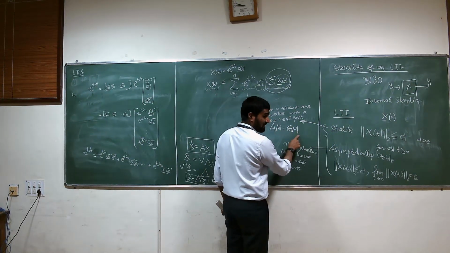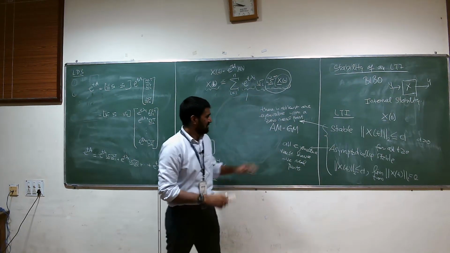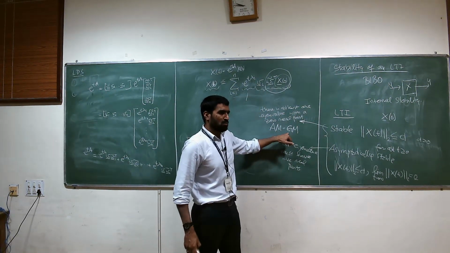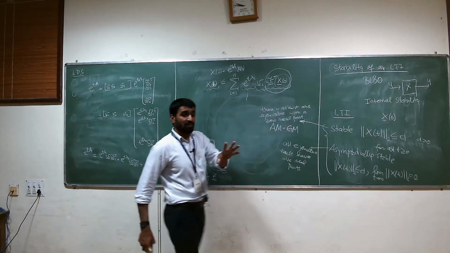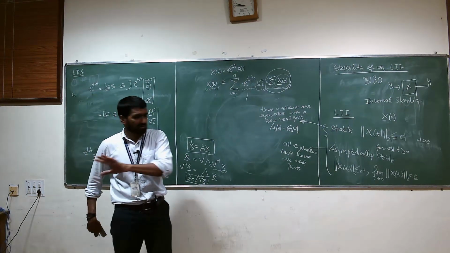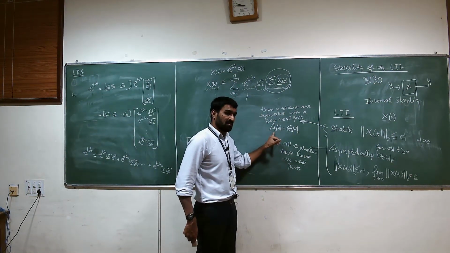And what is this? Am equals Gm. What does it mean? Every distinct eigenvalue has a distinct eigenvector. But what does this mean when you have repeated eigenvalues? What does Am mean?